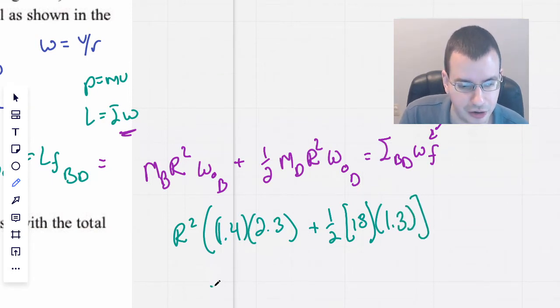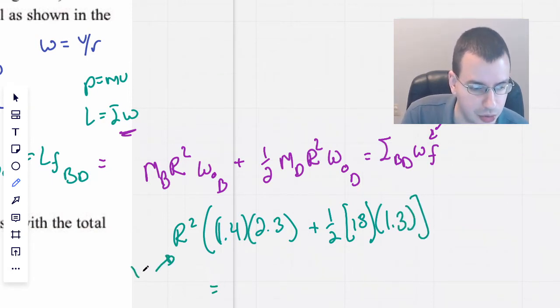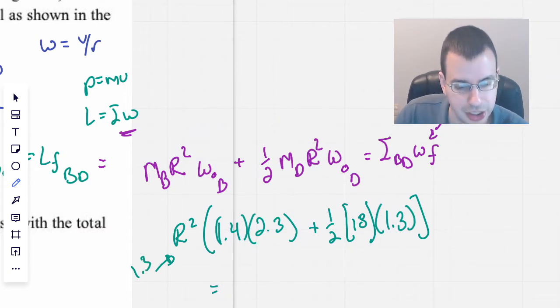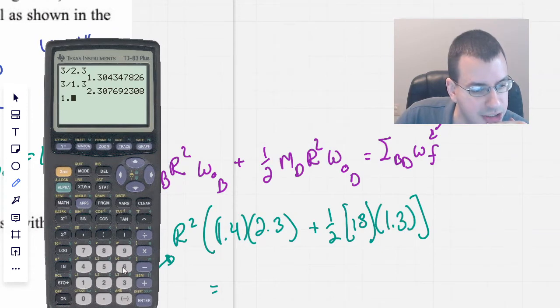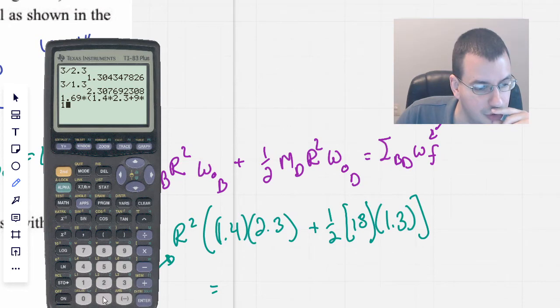Radius is also 1.3. So calculating this using the calculator, we have 1.69, which is 1.3 squared, times quantity. This will be 1.4 times 2.3. Plus, this will be 9 times 1.3.